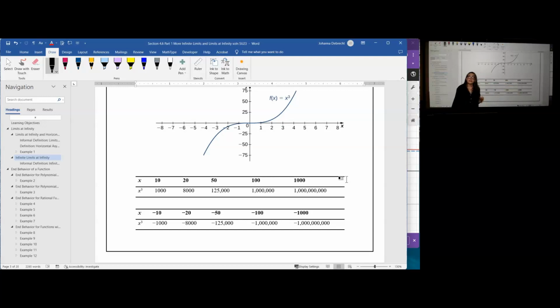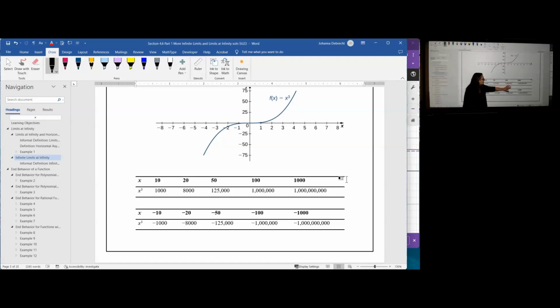in magnitude very quickly. When we're looking at the second table, we can see that as the numbers go to negative infinity, become smaller but greater in magnitude, the value for the function also decreases without bound. The magnitude gets larger, but they're negative, so they get smaller.